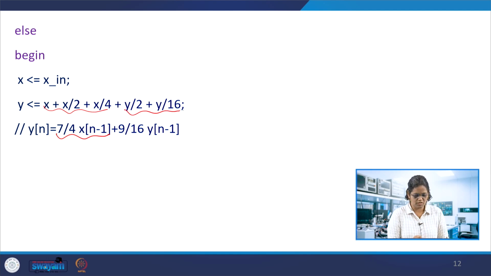So we can use these division blocks to get coefficients of smaller sizes. So 1 by 2, 0.5, plus 1 by 4, 0.25, and then 1 by 8, 0.125, and then 1 by 32. We can sum it up with y so that y of n minus 1 is as small as possible, and the coefficient can be added in.